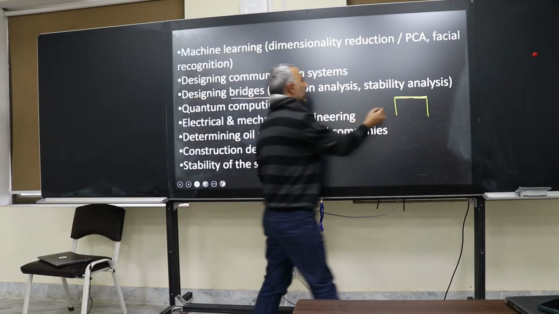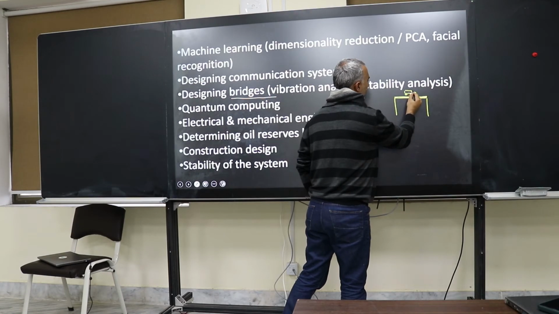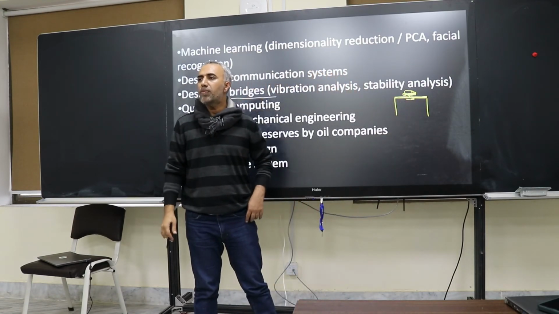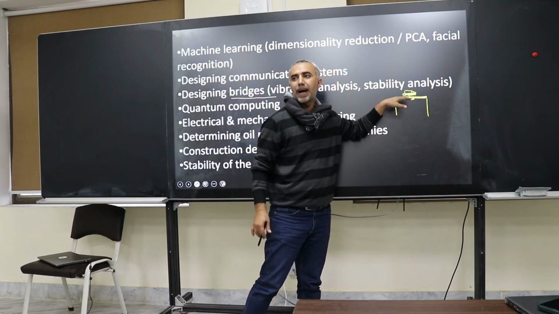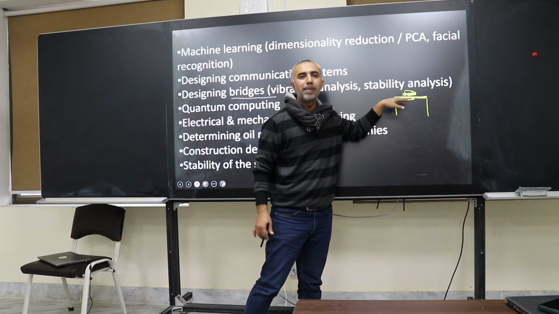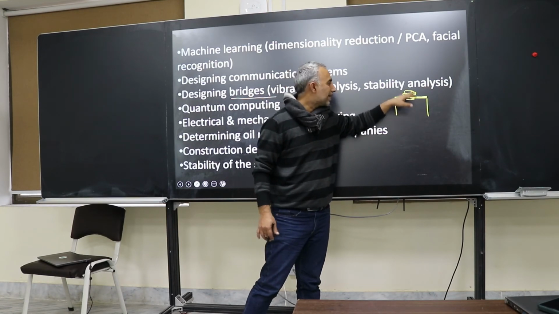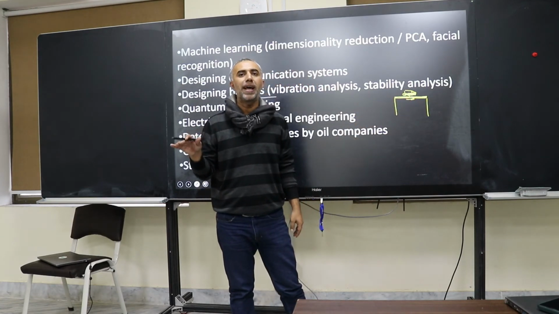Once heavy traffic is passing over here, it may be possible it bends a little, but if it maintains its length, the eigenvector, the length of a vector, will be maintained. If it is not maintained, then the bridge will collapse. So some kind of elasticity is there, but it is retaining its position as it is.